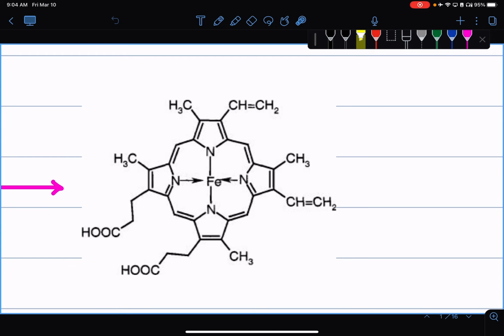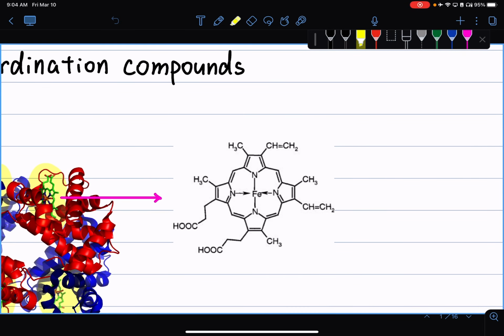And if we look at it, in here, we have 2 major parts. So apparently in the middle, we have an iron center or a transition metal center.